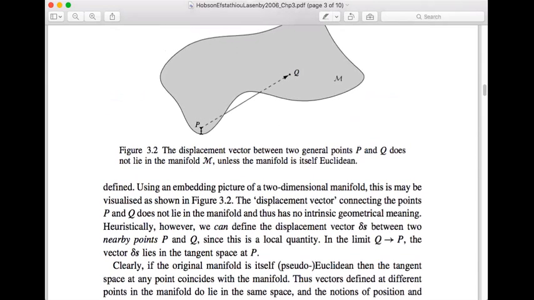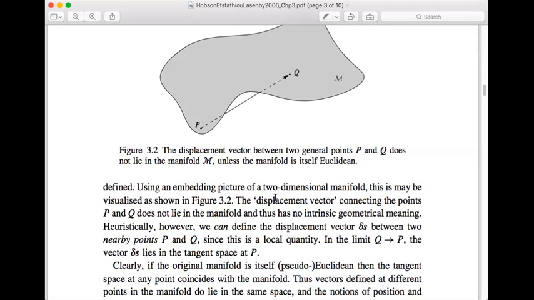Here he has a nice diagram with 2 well-separated points, P and Q, in the same manifold, but it doesn't make sense to have a vector that goes from P to Q, because this vector at P is in the tangent plane at P, and the point Q has its own separate tangent plane, which is a different vector space. So you can't have a vector from one point to another if they're separated by a finite distance.